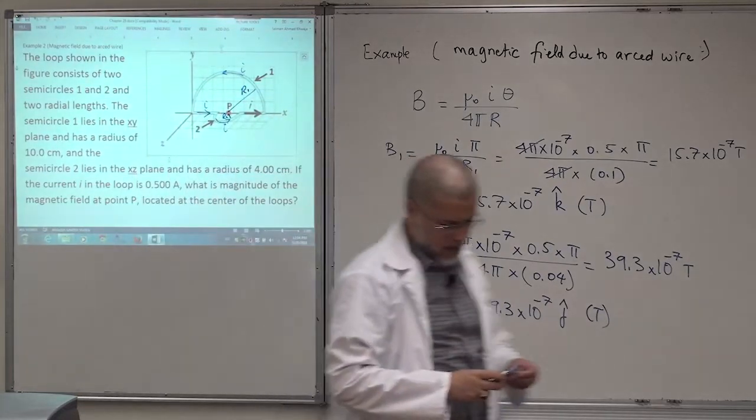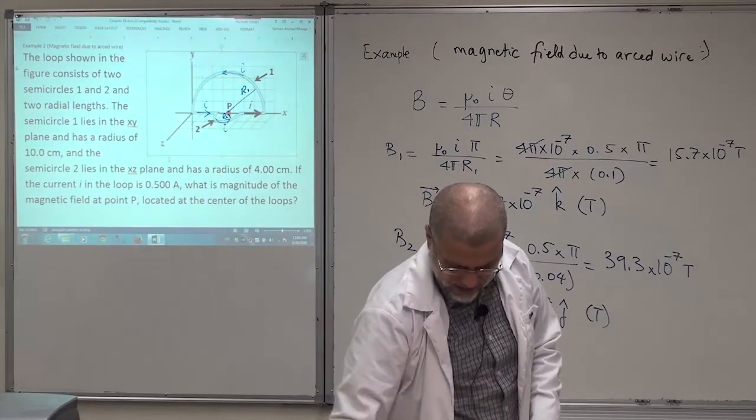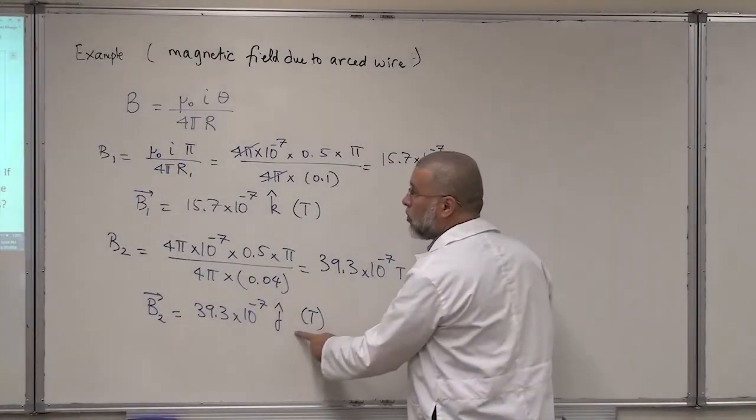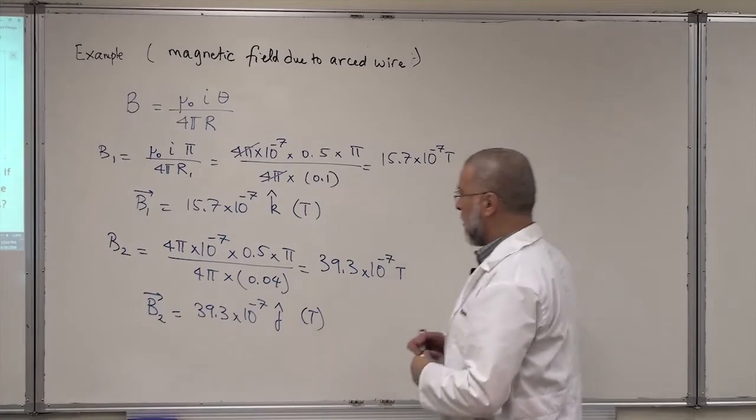So now I have a magnetic field B1 along the z-axis, and a magnetic field B2 along the y-axis, and they are perpendicular to each other.